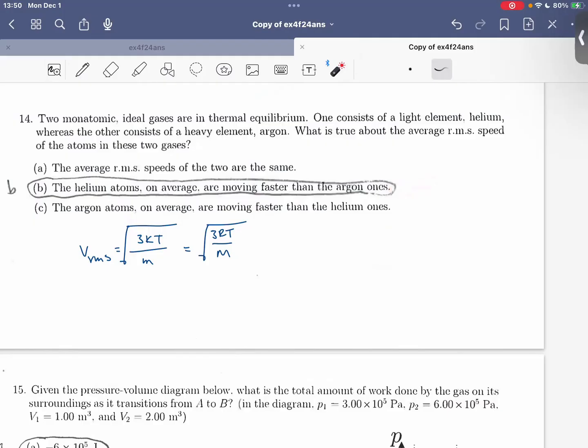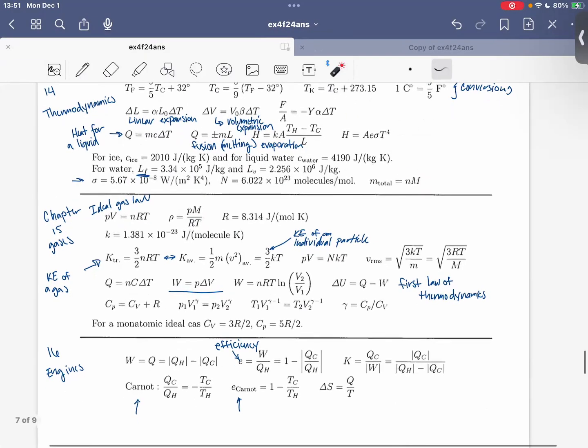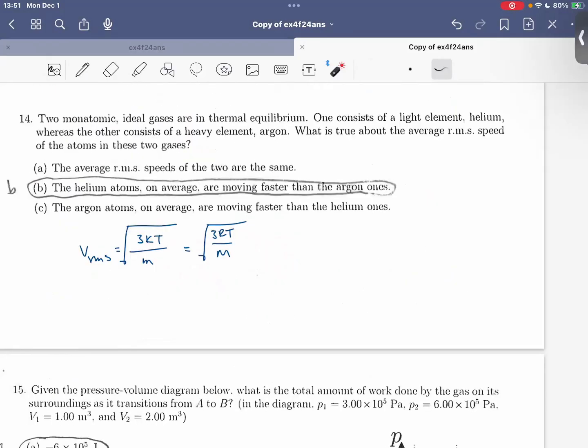You can also think about it using this equation right here, which is your kinetic energy of an individual particle, where again, when you have a higher mass, the velocity is going to decrease if they have the same average kinetic energy. So yeah, that's 14.